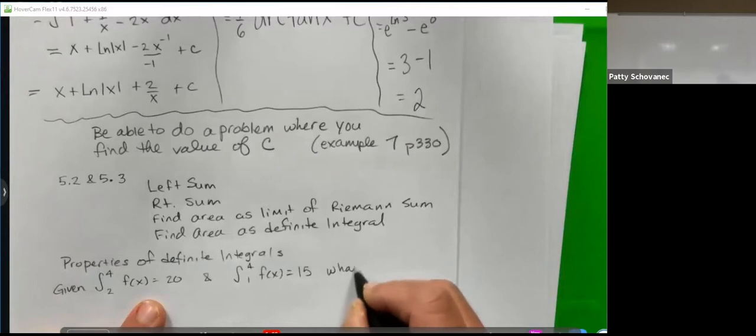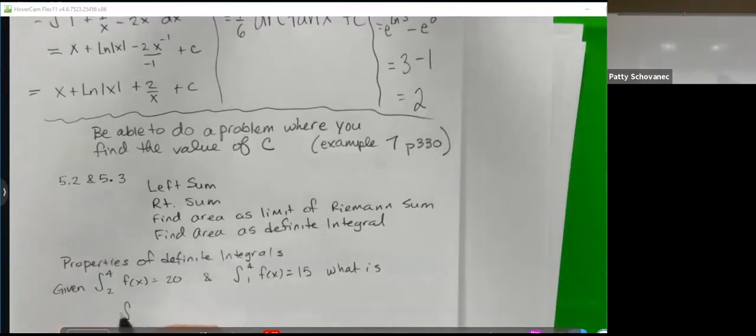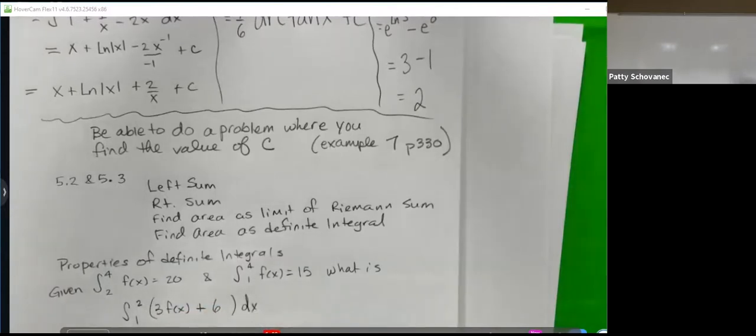What is the integral from 1 to 2 of 3 times f of x plus 6? Is that something you can do?